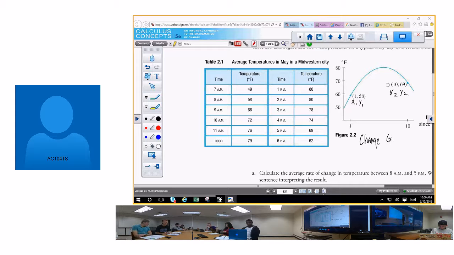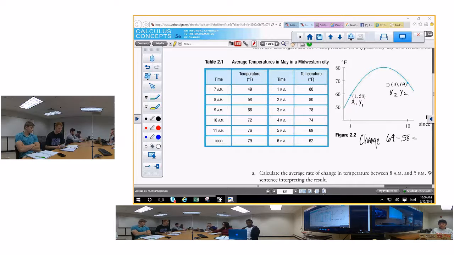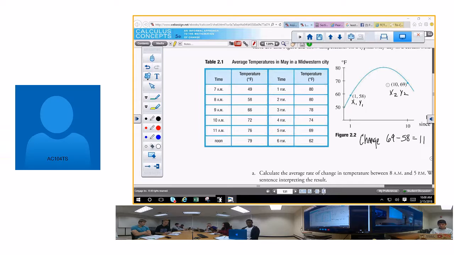What's 69 minus 58? 11. So that's 11 degrees difference in 10 minus 1, 9 hours. 11 degrees in 9 hours.